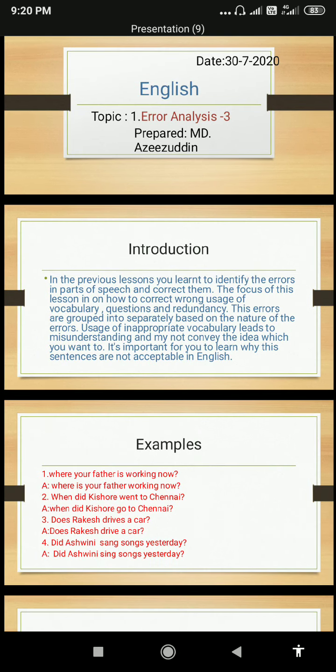If you observe the first example, "Where your father is working now." On oral reading, it seems to be correct, but there is an error in it.